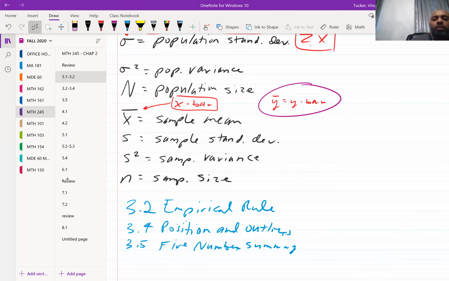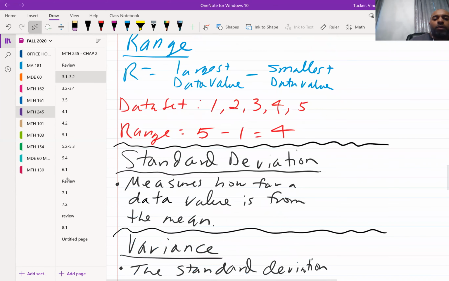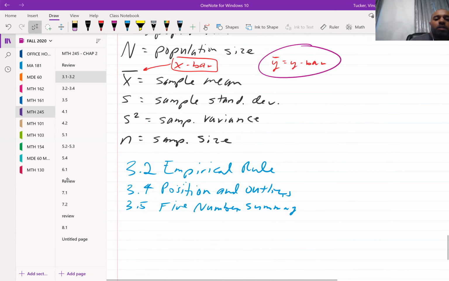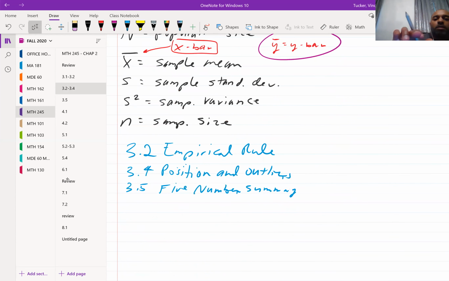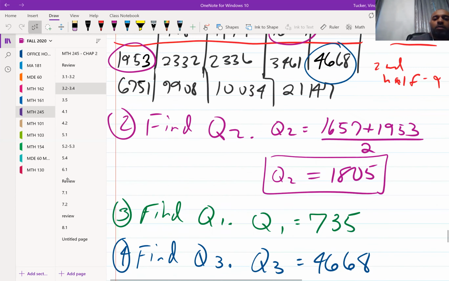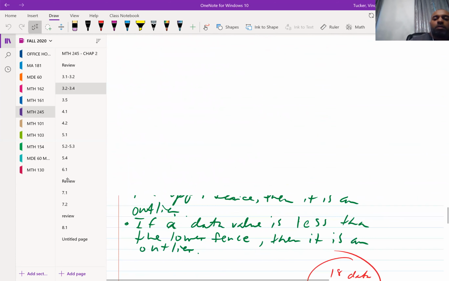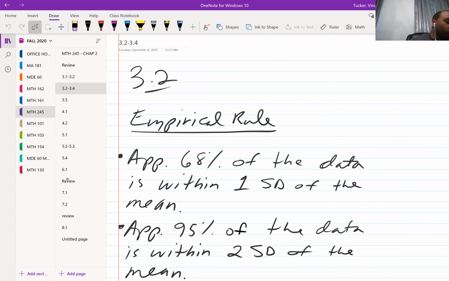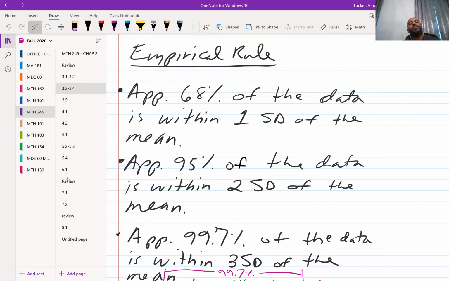I thought that was 3.2. Oh, it must be the latter part of 3.2. Okay. All right, so let's finish 3.2. All right, so the empirical rule says approximately 68% of the data is within one standard deviation of the mean.